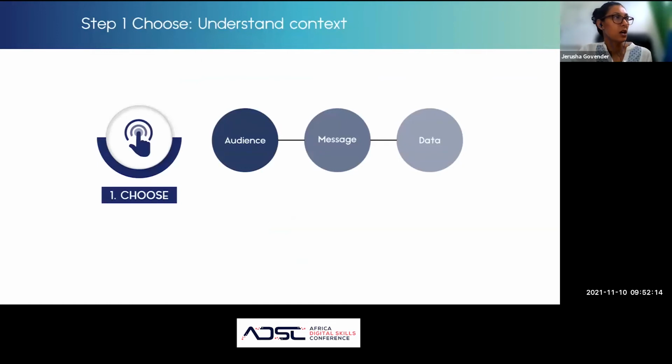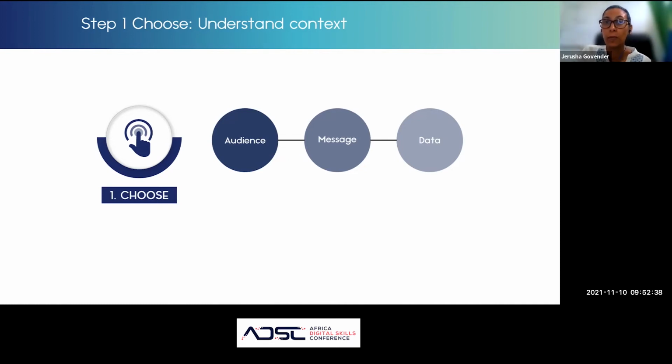So firstly, when we talk about choose, it's really that when you're creating your infographic, you must make sure that you understand the context. It's lovely to create things that are beautiful, but if they're not useful, then it's defeated the purpose of a beautiful infographic. And so that's why this step is quite critical. Starting with, firstly, knowing who your audience is.